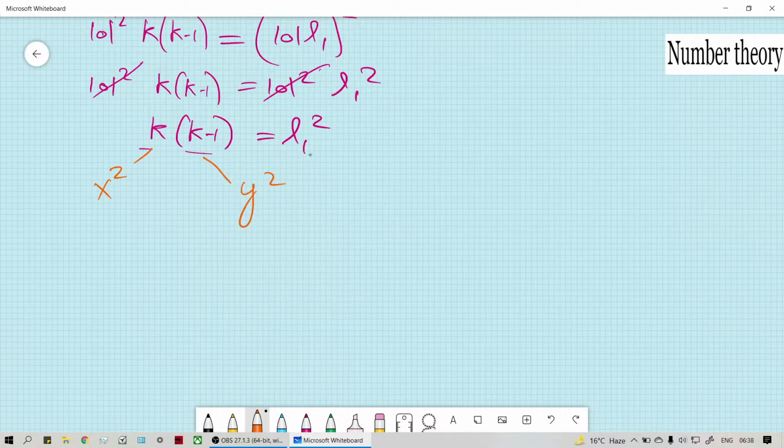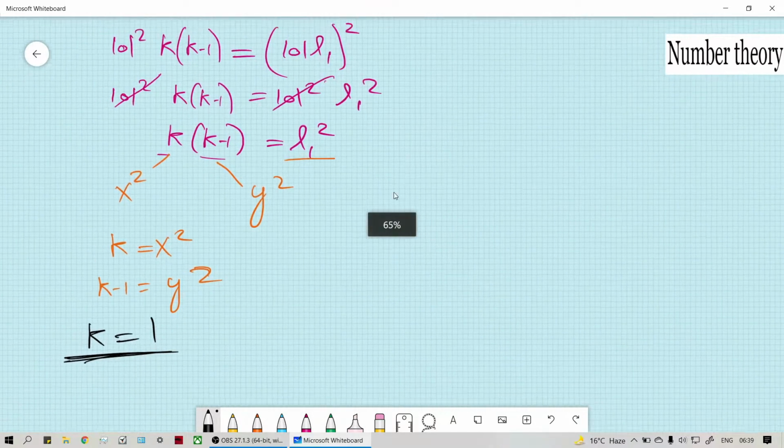So now we can easily say that this will be a whole square of some number, and this also will be a whole square of some number, since their product is a whole square and their GCD is 1. This then gives us k is x square and k minus 1 is y square. Again, these are two consecutive numbers and both are whole squares. This can only happen when one is 1, the other is 0. So k has to be 1.